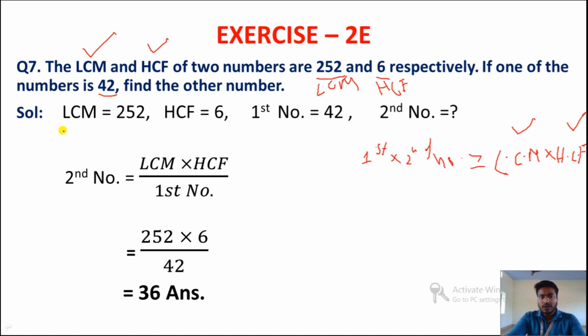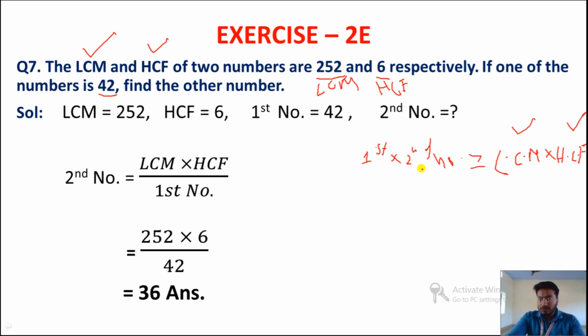And if one of the numbers is 42, let's suppose that number is the first number, and we have to find out the second number. You can see LCM is given, 252, HCF is 6. First number, let's suppose 42, is given here, and the second number we have to find out.